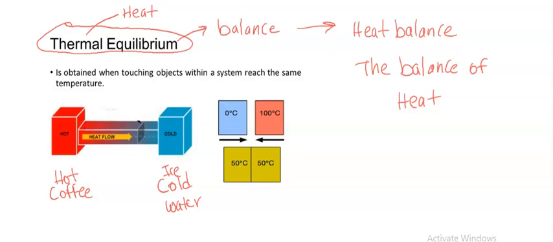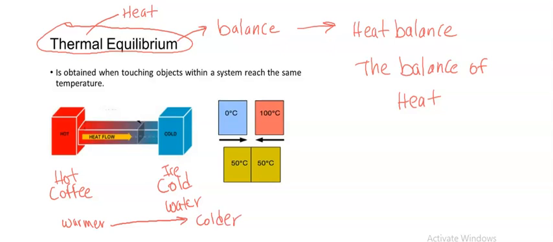Meanwhile, things that are frozen and cold tend to move a little bit, but not much. So it's logical that heat will travel naturally from warmer to colder.